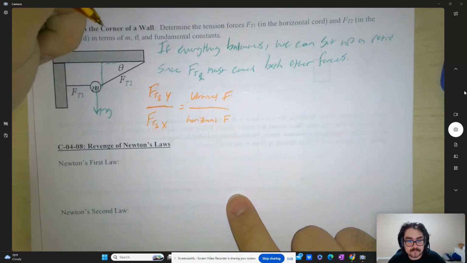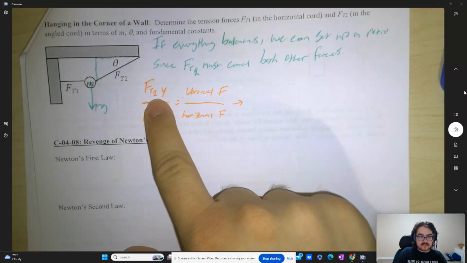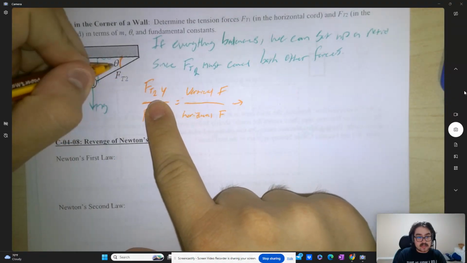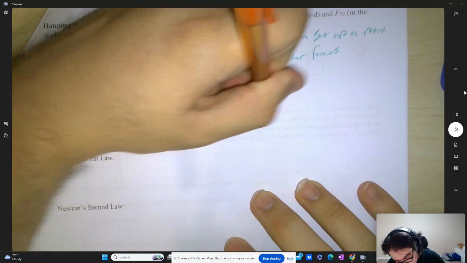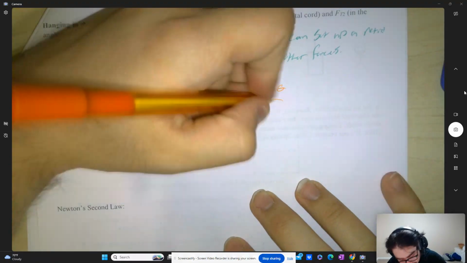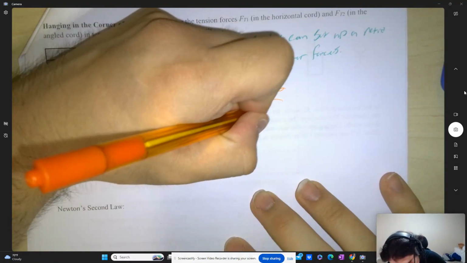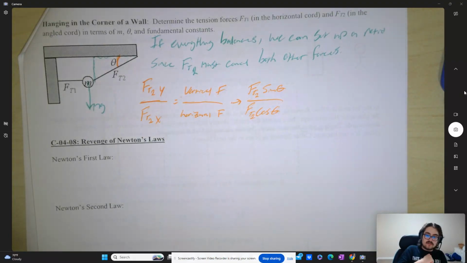When I set this up, I'm going to put the y component of ft2, which, if I'm given this angle right here, is the opposite, so that's ft2 sine theta over ft2 cosine theta. You could turn this into tangent, but there's no point in doing that.